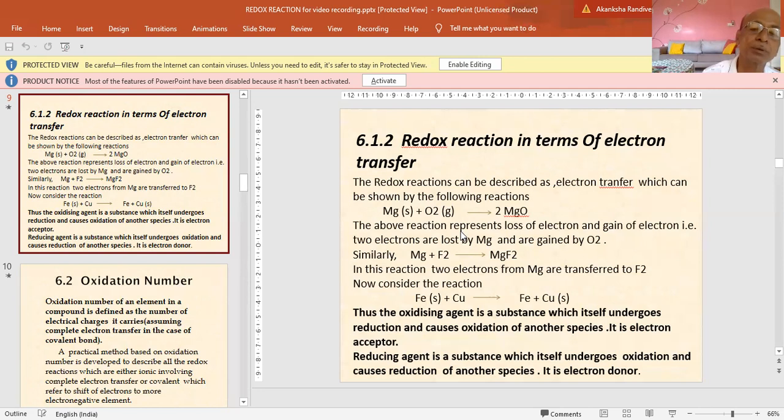When it combines with copper, it forms the compound. And thus, the oxidizing agent is a substance which itself undergoes reduction and causes oxidation of another species.